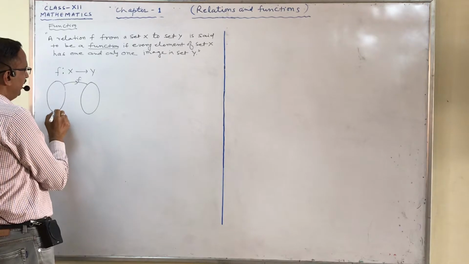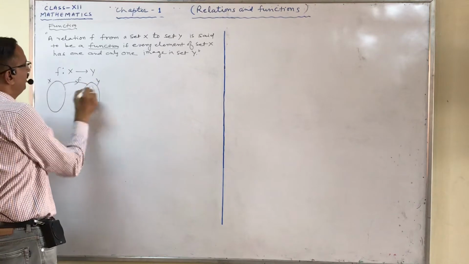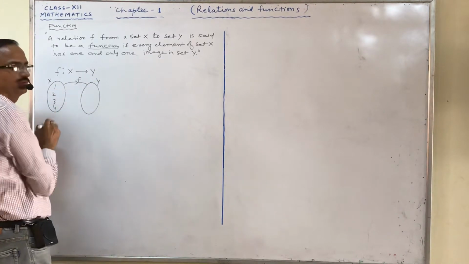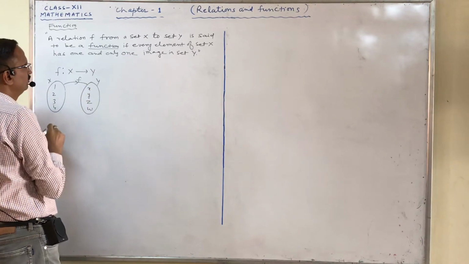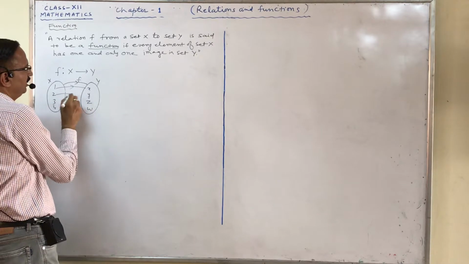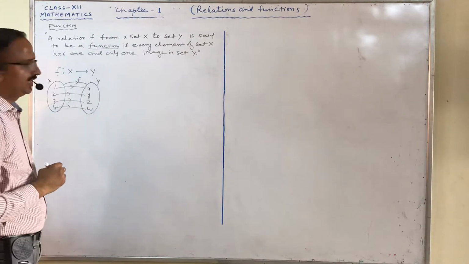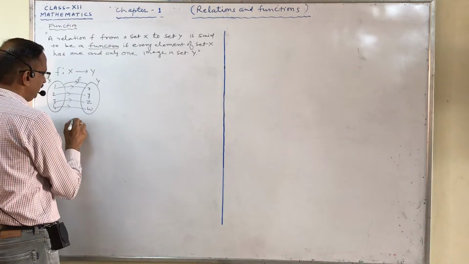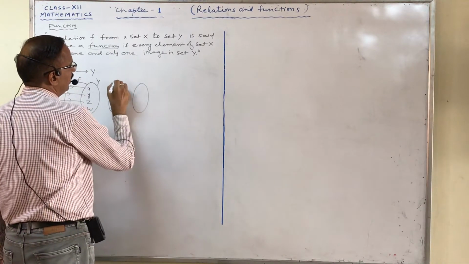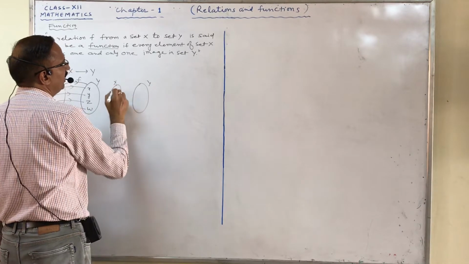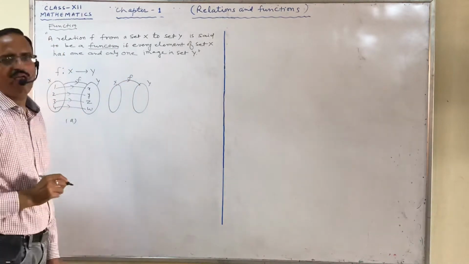Set x has elements 1, 2, 3, 4, and the other set has elements x, y, z and w, related like this. Second, again these are two sets x and y, and there is a relation f.